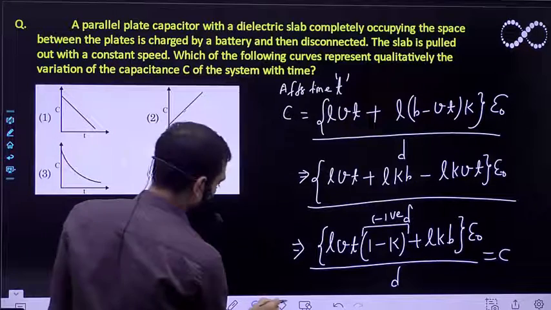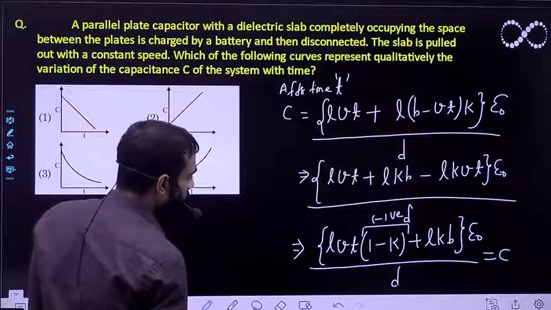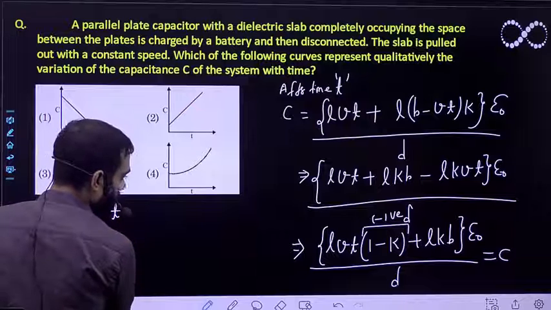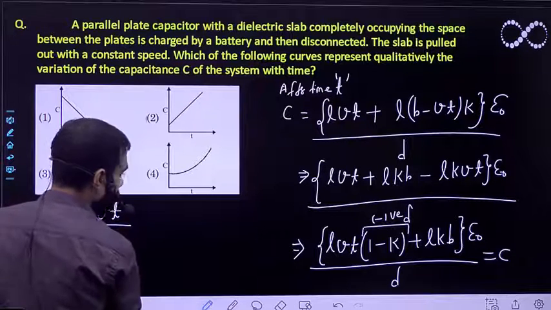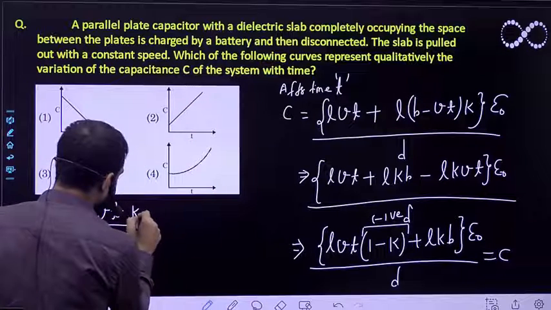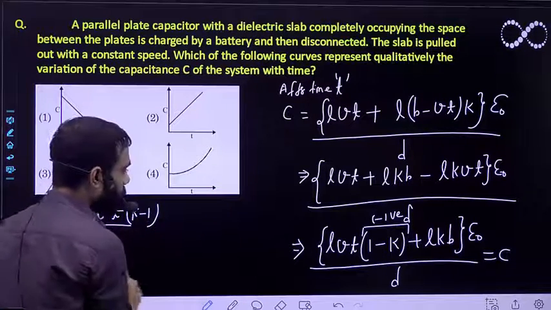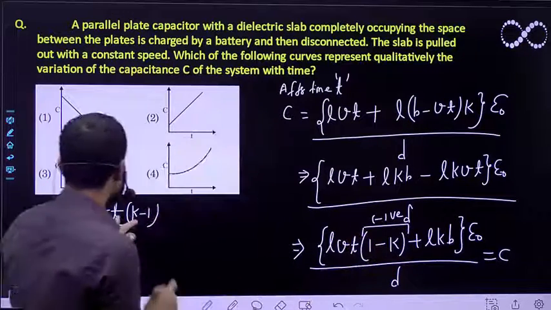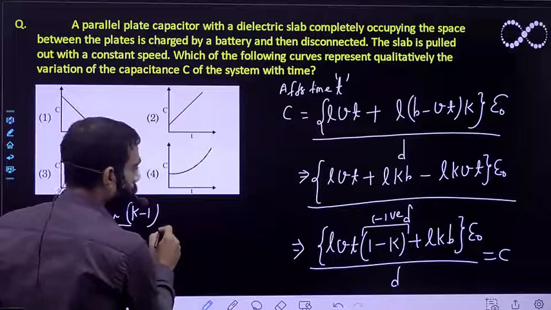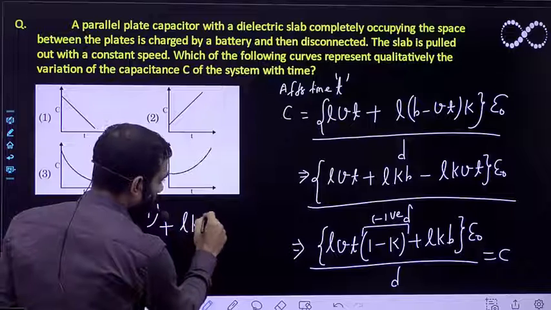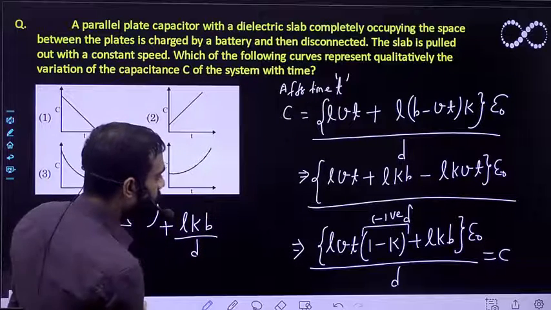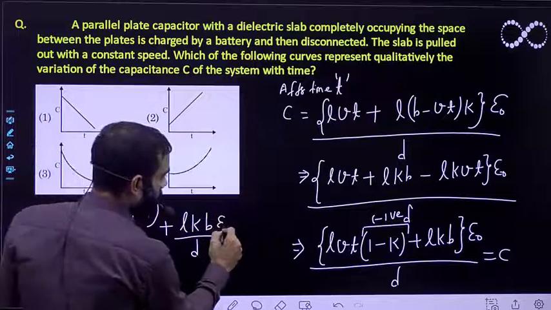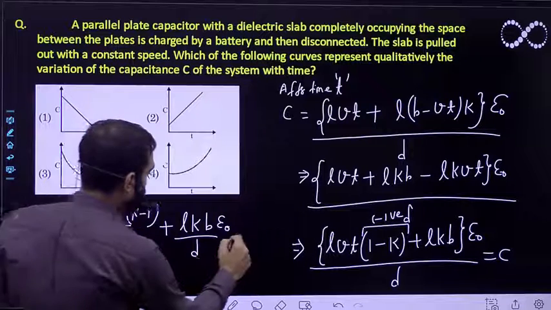So let us take this side: Lvt by d, and 1 minus K. If I take the minus sign as common, this will become K minus 1, which is positive, and plus LKB upon d. The epsilon naught term is also there, so I need to multiply epsilon naught here also, and this is becoming C here.